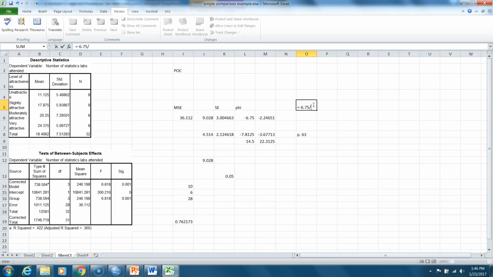And my denominator is approximately 3, and I get a negative 2.25. Here's a more precise value. If you go look up in your book on page 63, this will help you out with that example as well. And we can do this for every single one of those examples. You can do this on page 63 for all of those comparisons.